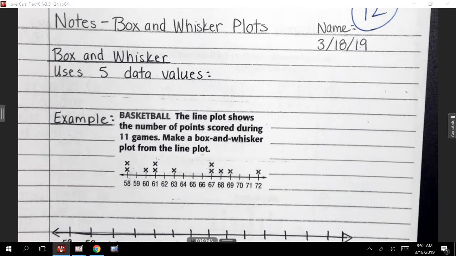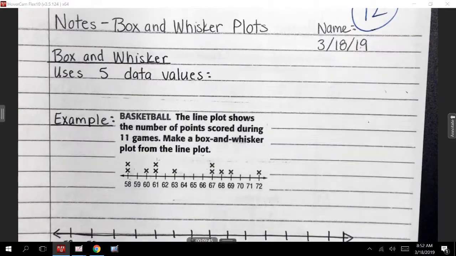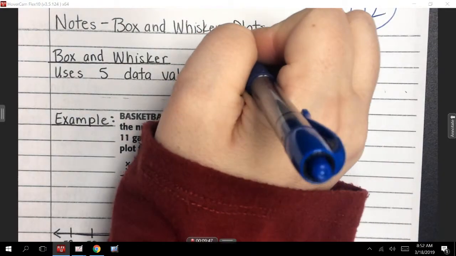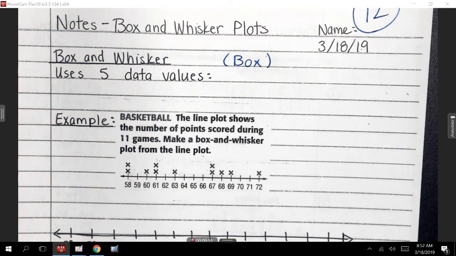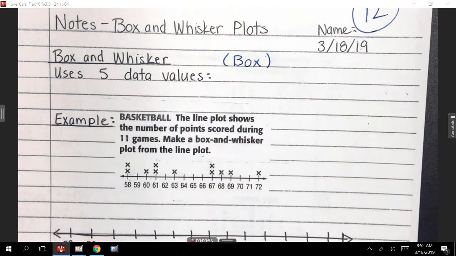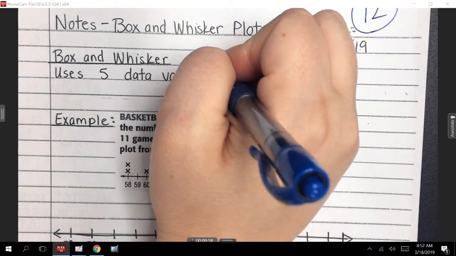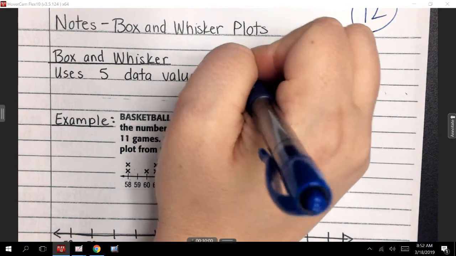The first 3 that we're usually going to find are going to form the box. So I'm going to put up here, this is going to make the box. What I use to make the box is the middle number, which is called the median. So we're going to find the median.